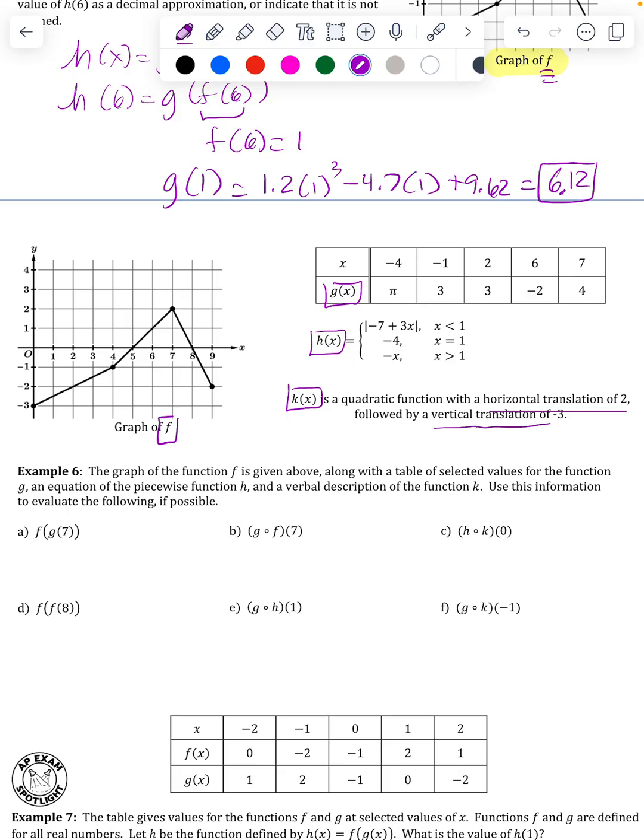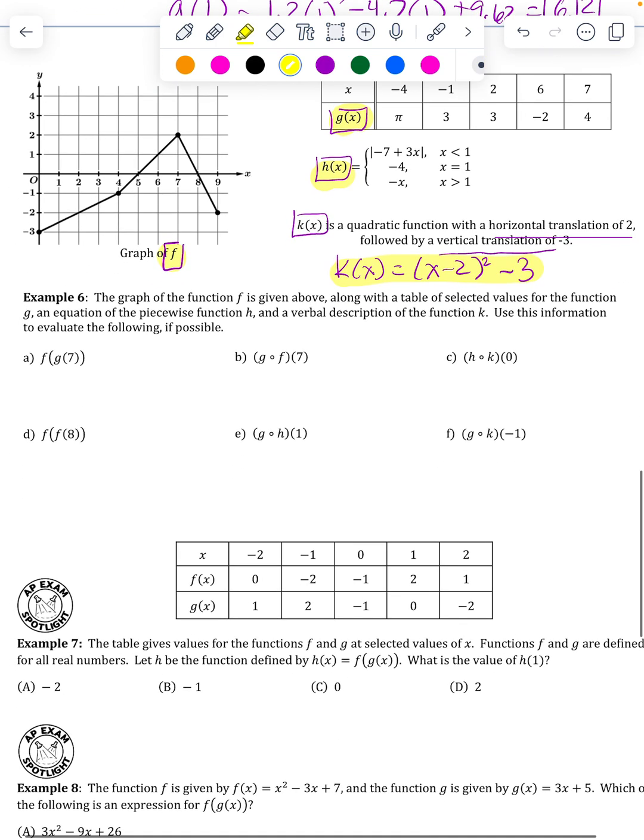So you have to remember what we've already learned about that and say that would mean k of x is going to be (x minus 2) squared, to give me the translation of 2 and a quadratic, and then minus 3 to give me the vertical translation of -3. So I'm finding my values of f from here, g from the table, h from the piecewise function, and k from this function I built based on the description.